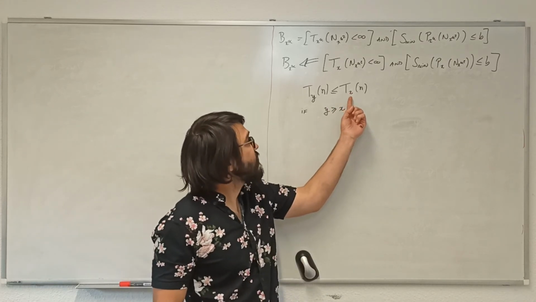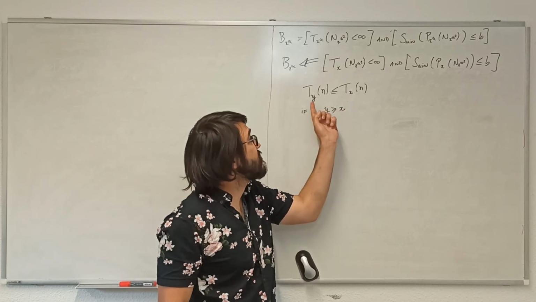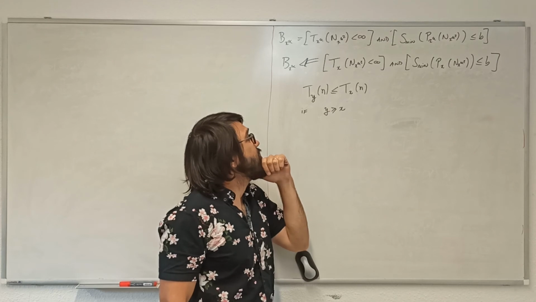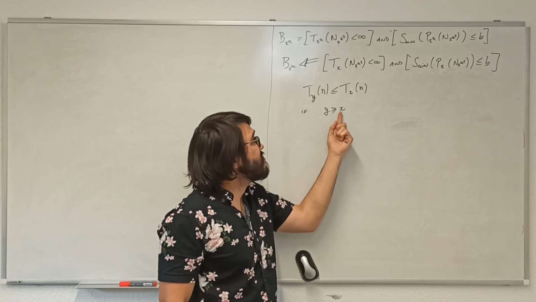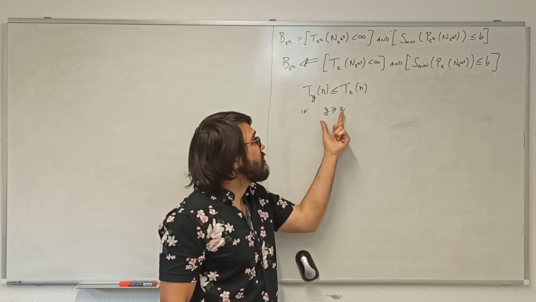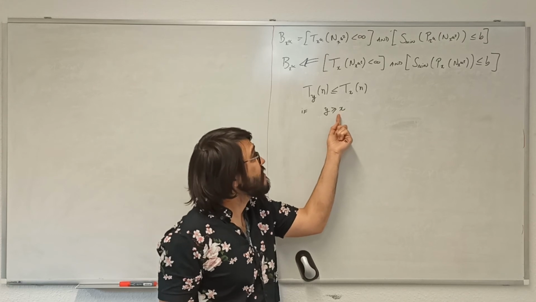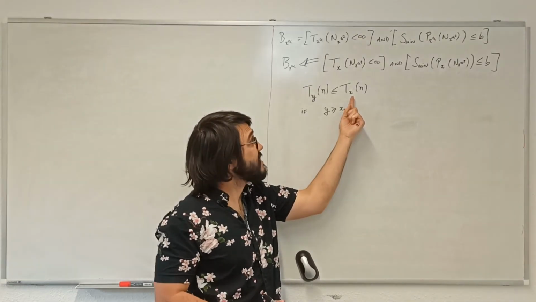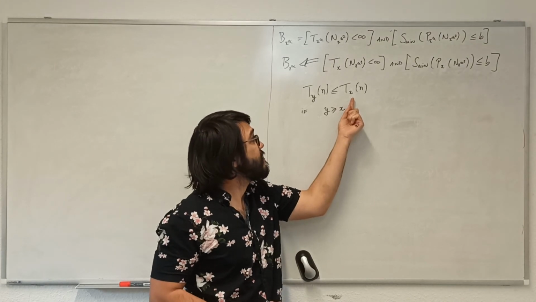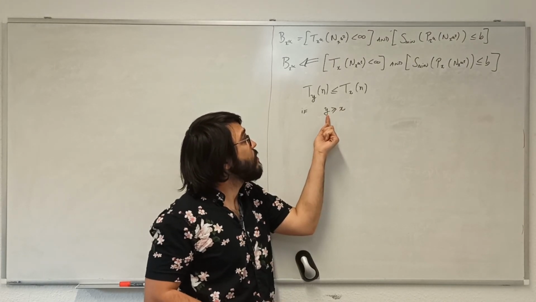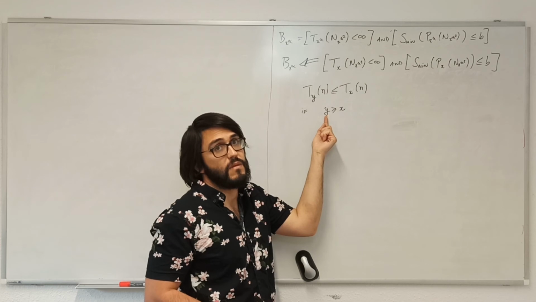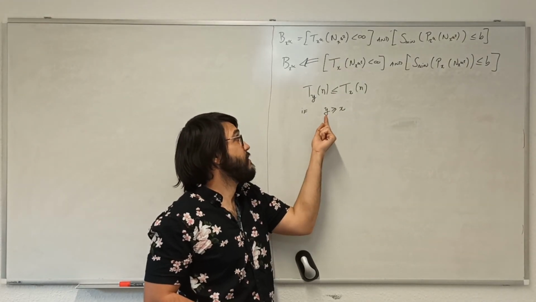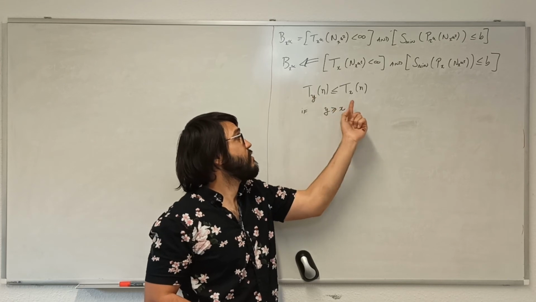Because this is the first time I get below x, and it's the first time I get below y. But since x is less or equal than y, if I get below x, then I definitely got below y before, because y is bigger. So that's what this inequality is saying.